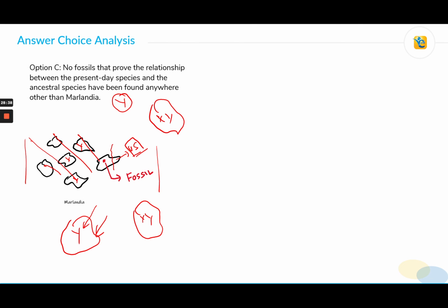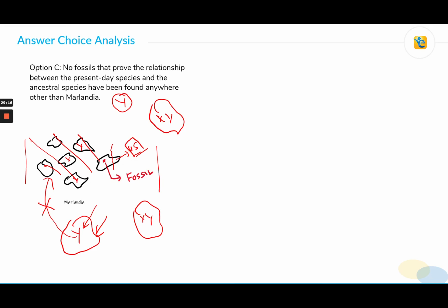Later on, when Marlandia re-emerged, at least some members of the species moved to Marlandia and repopulated it. So this possibility exists. This could also explain how Y survived, even though Marlandia got fully submerged. So what option C is trying to do is guard against this possibility.